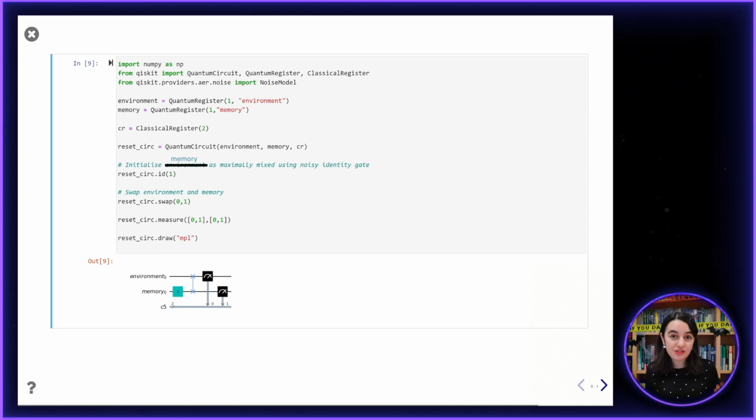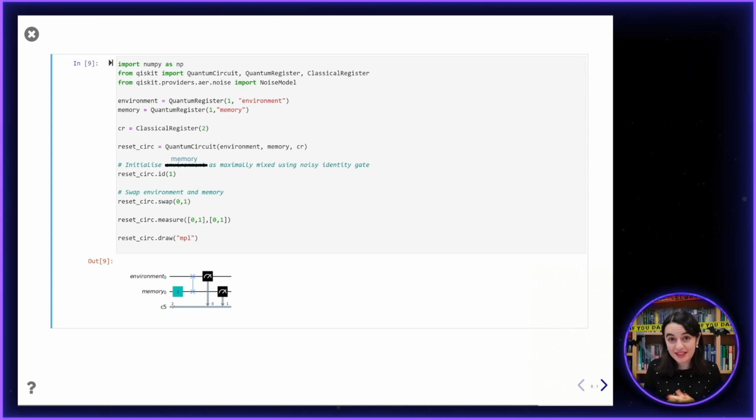Now, we measure entropy of quantum systems using something called the von Neumann entropy. And it turns out that the von Neumann entropy of the 0 state is 0, whereas the von Neumann entropy of a maximally mixed state is not.